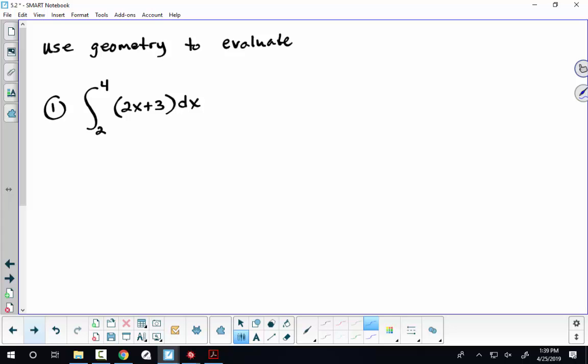All right, so really the first way we're going to evaluate these things is to use geometry. Now this method is very limited. So eventually, as we move past these, we start to look at a more robust way to determine this.